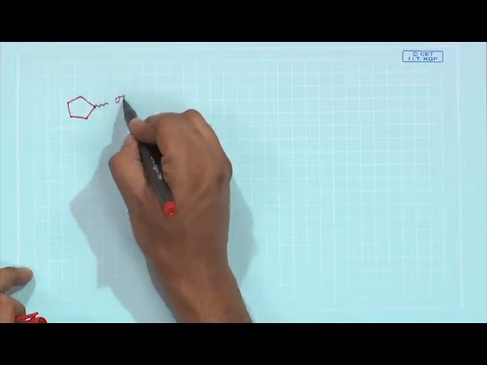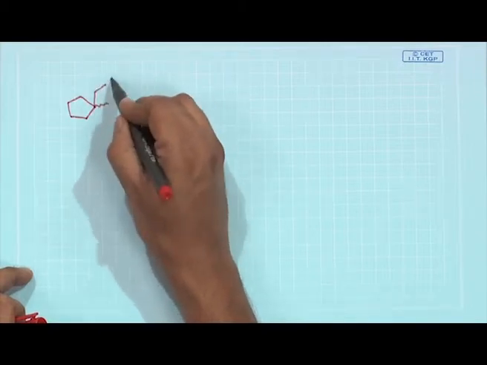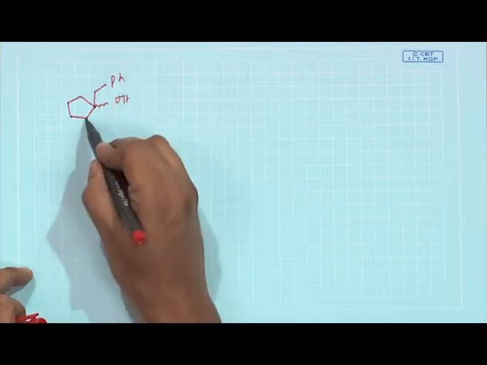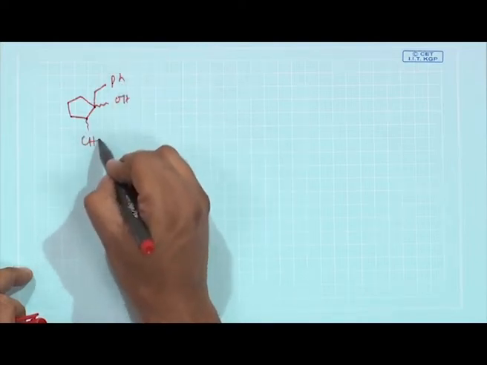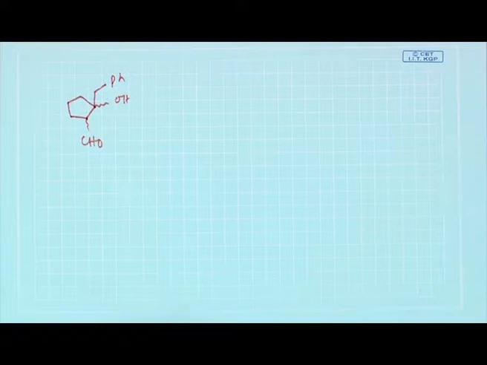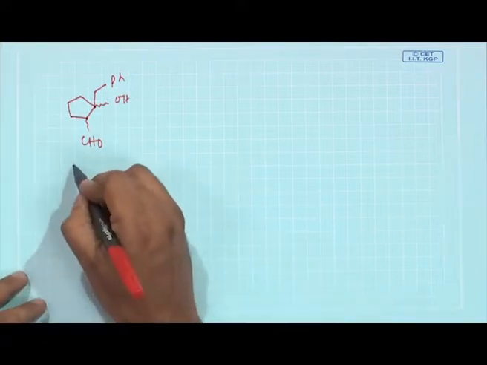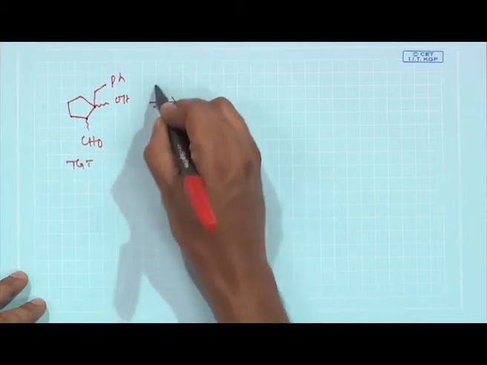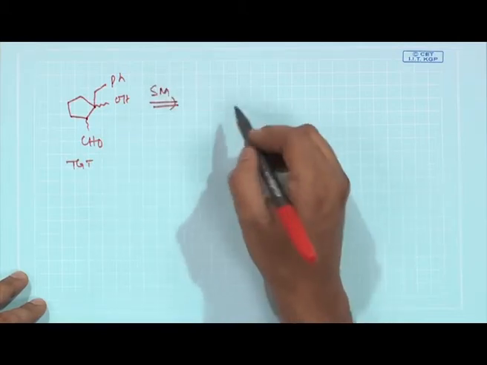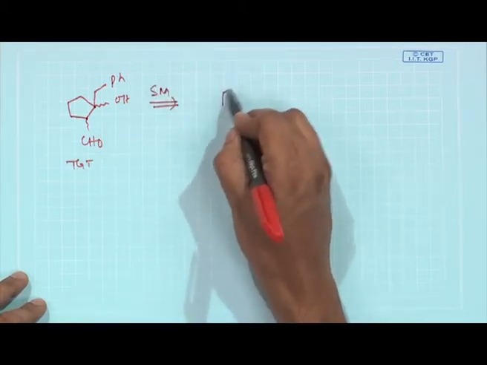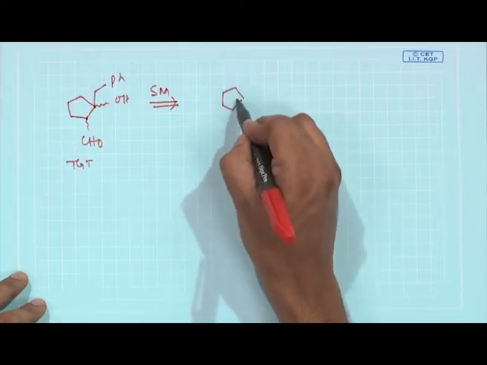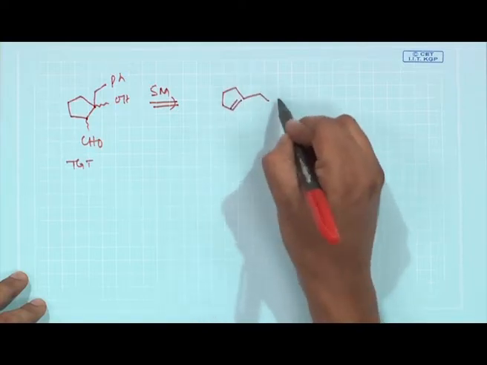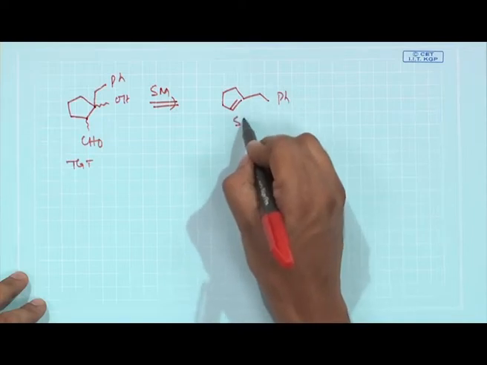We said a target molecule was given to you, having a structure like this. The starting material was also given to you, having this structure.